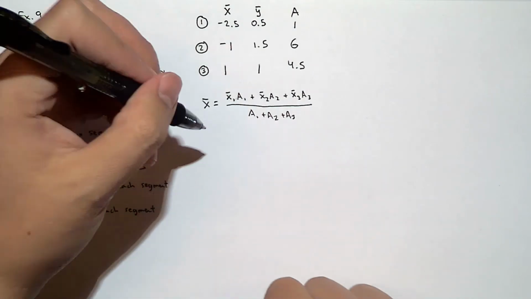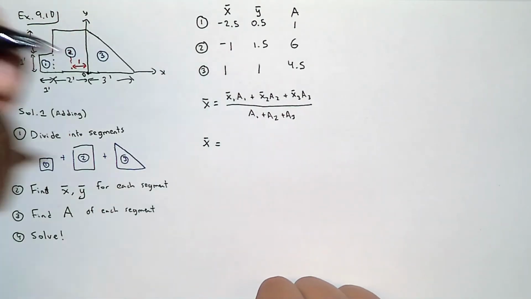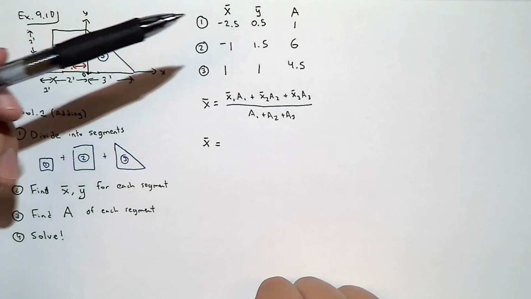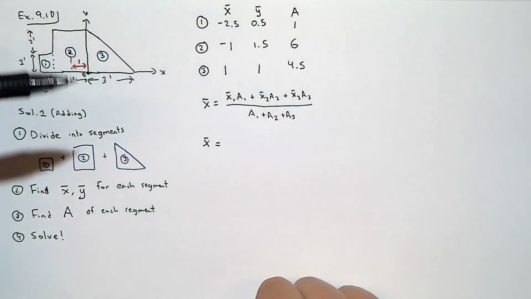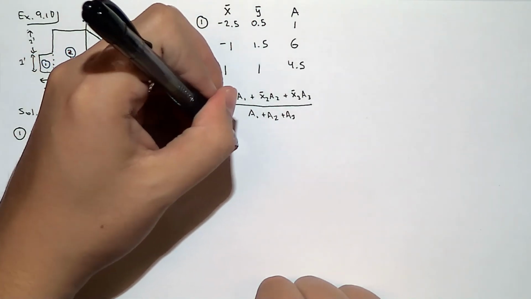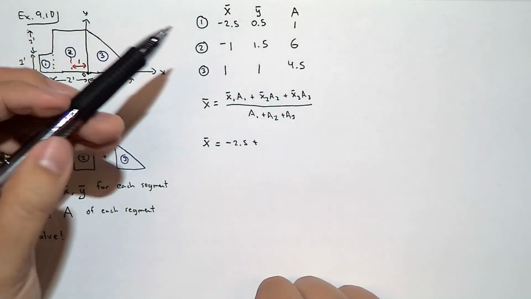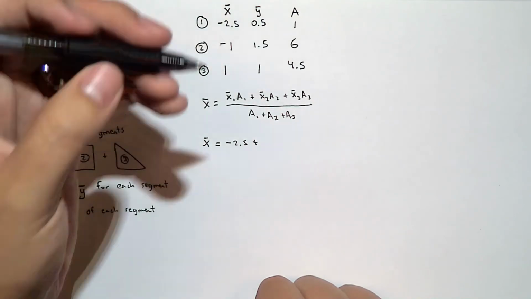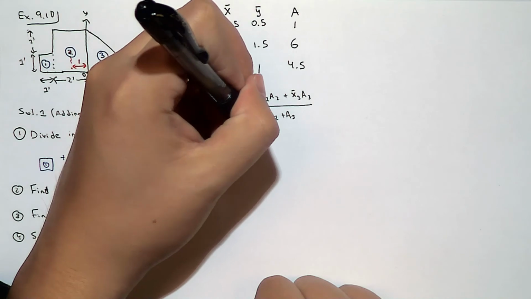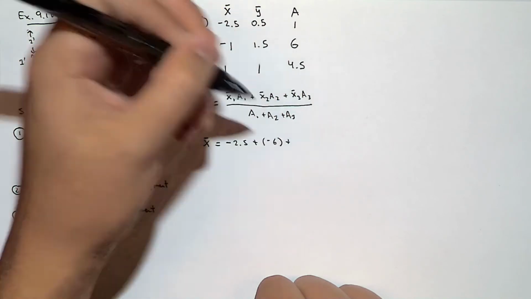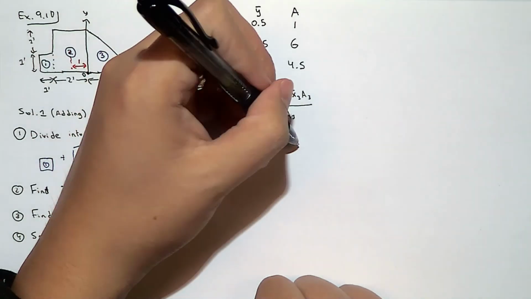So let's go ahead and solve this. We get the x bar equals, let's see, x bar 1, that's negative 2.5 times 1, that's negative 2.5. X bar 2, that's negative 1 times 6, that's negative 6. X bar 3, that's 1 times 4.5, that's 4.5.